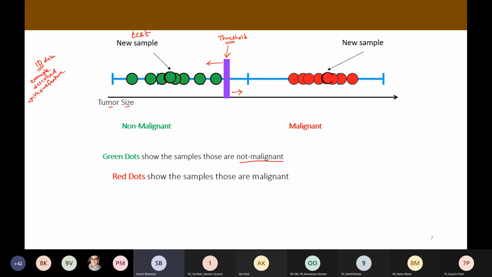Okay, now let us check one more sample. Suppose I am having this sample, this black dot. So this is now my new test sample. So please tell me now what would be the class for this sample.